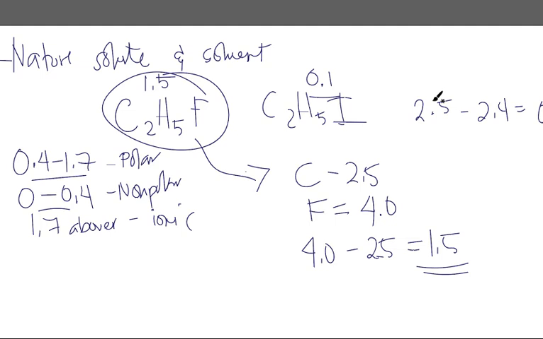Knowing water is a polar solvent, fluoroethane would be more soluble in water because of its electronegativity difference of 1.5, which tells us that fluoroethane is a polar molecule, a polar solute. Therefore, it is most likely to be soluble in a polar solvent, which is our water. While iodoethane would be less soluble, not insoluble, in water because it is non-polar.